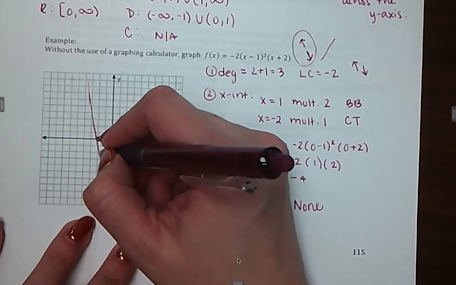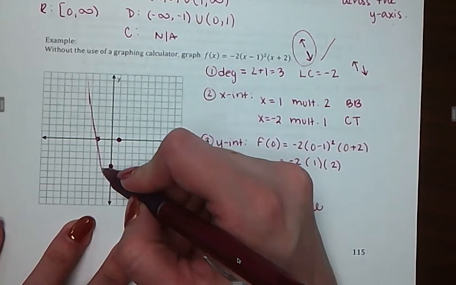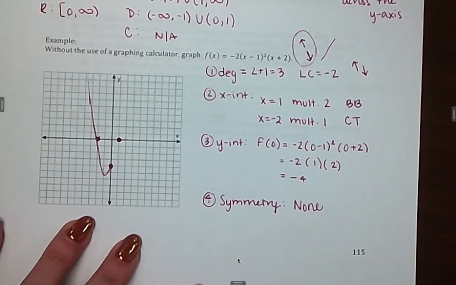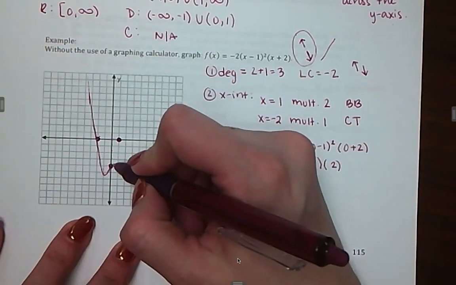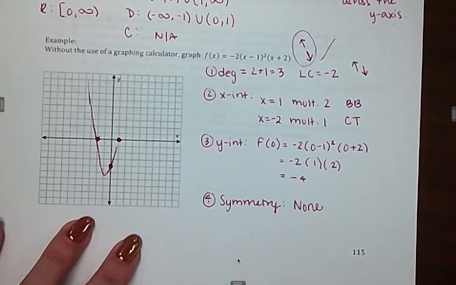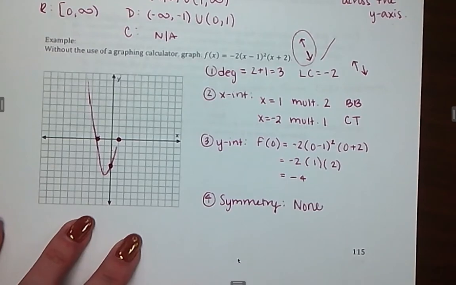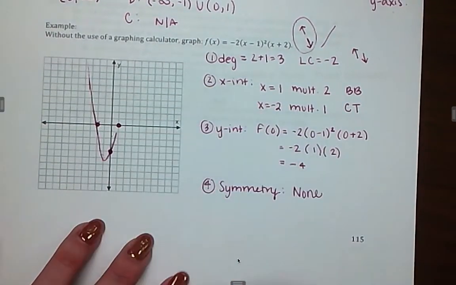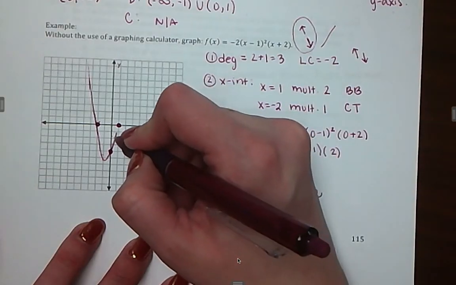We don't know how far, but we know we're going to have to come back up and go through that y-intercept. Then when you get to that next x-intercept, are we going to cross through or bounce back? Bounce back.